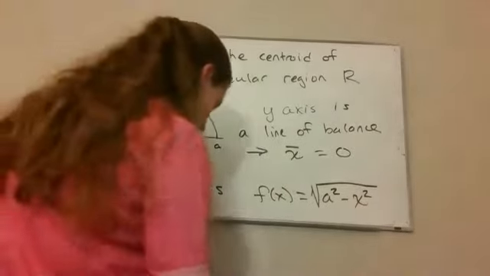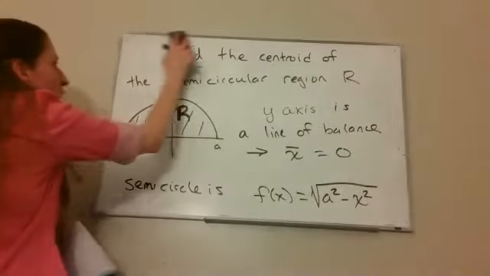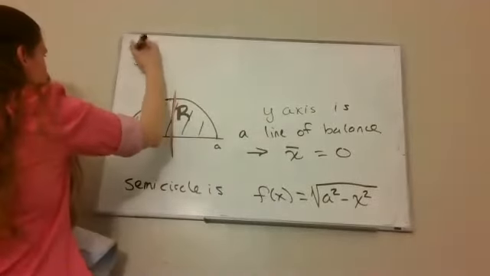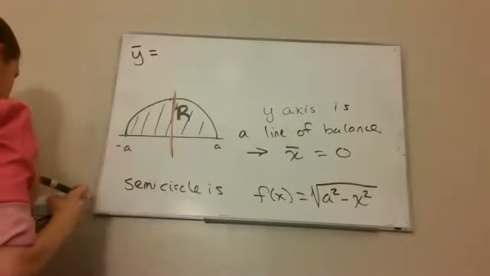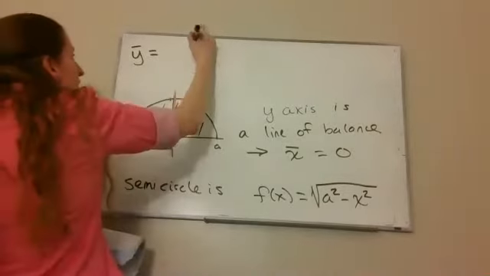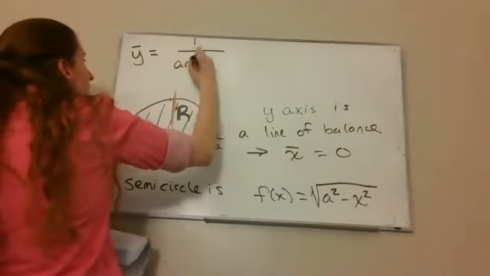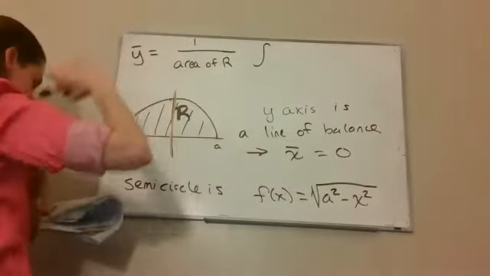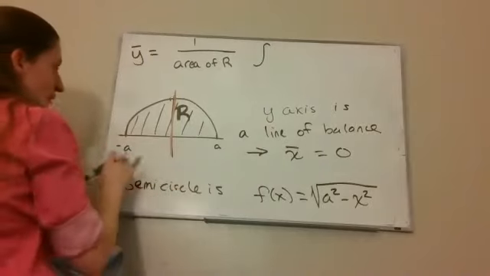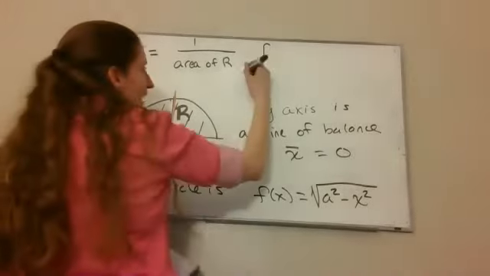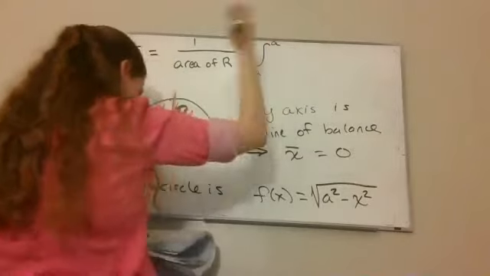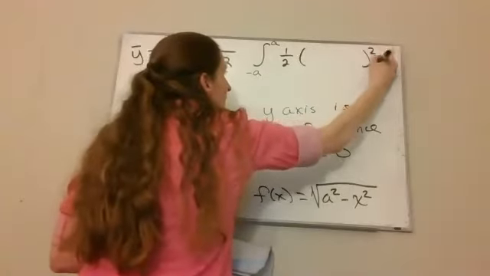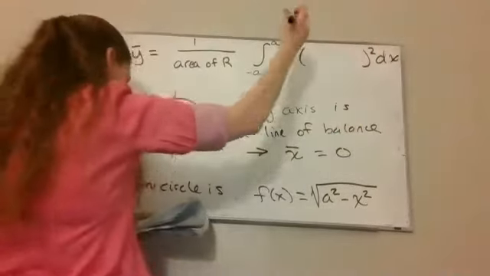So there's my semicircle, and now we're going to find our y bar. My y bar is equal to 1 over the area of R times the integral from a to b, which in this problem is negative a to a, of 1/2 times my function squared with respect to x.